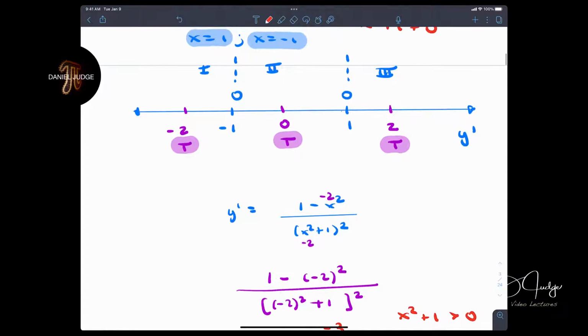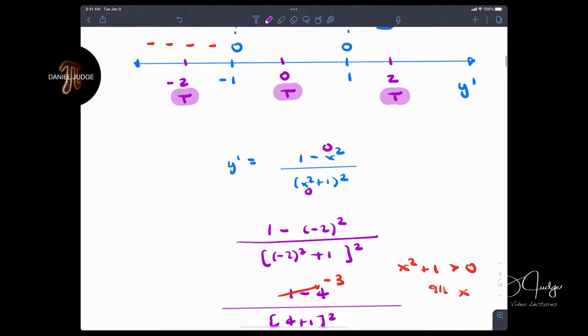So we know Region 1 is negative. So this is a negative region for that first derivative. So we're now going to test Region 2. So we're just going to replace the x value with our test point of 0. We're going to plug in 0 now.